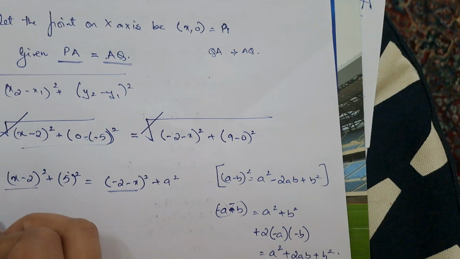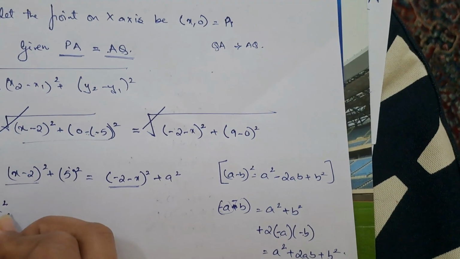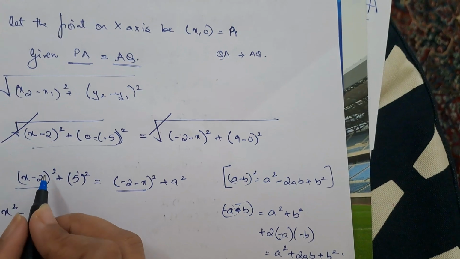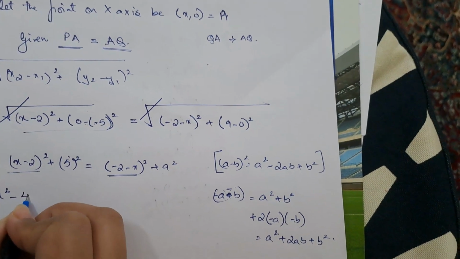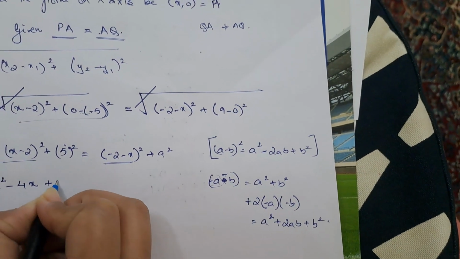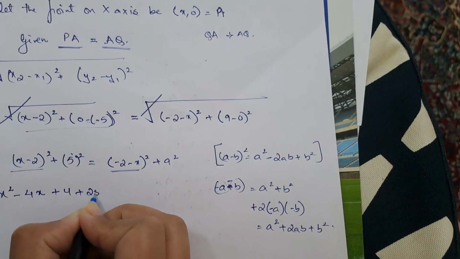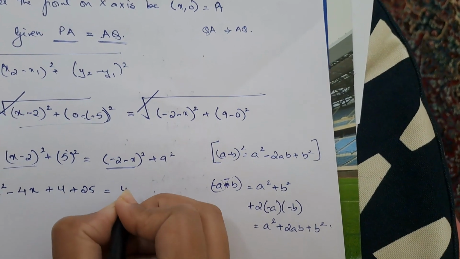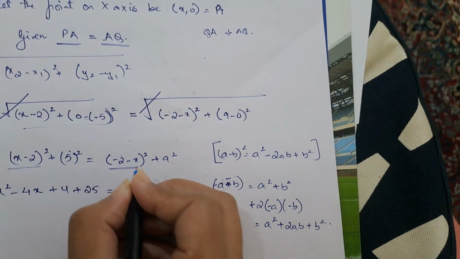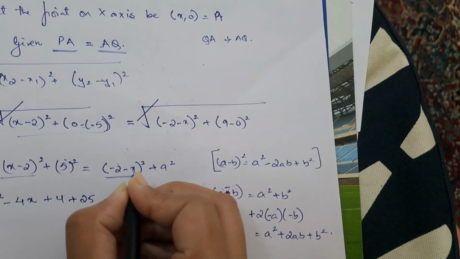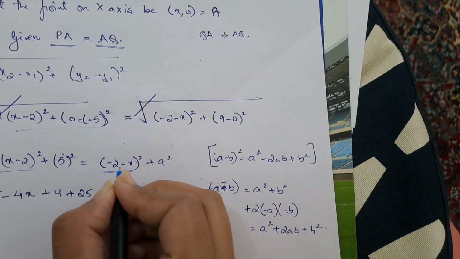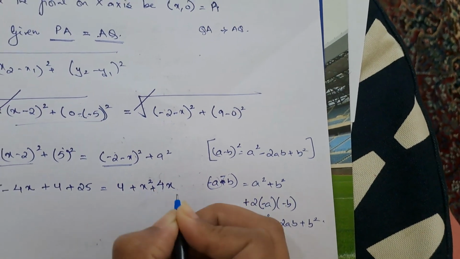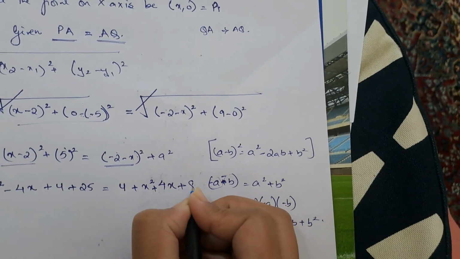It becomes x square, this becomes minus 2, 2 2s are 4, minus 4x plus 4 plus 25 is equal to, expanding it, it becomes again 4 square, and then x square, and then expansion of this, 2 2s are 4, and 4 is going to be 4x, it becomes plus 4x plus 9 9s are 81.